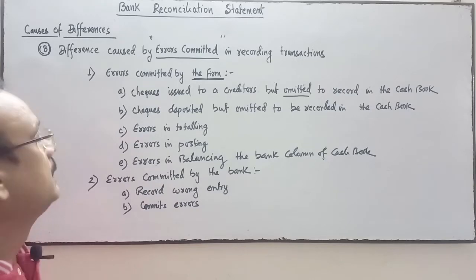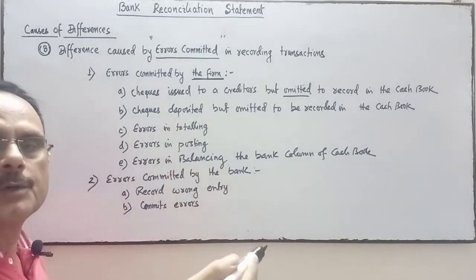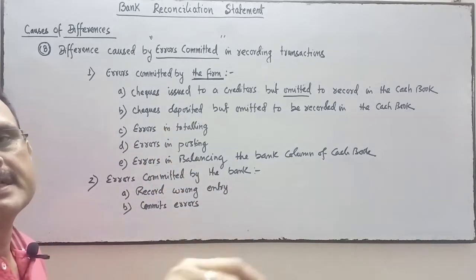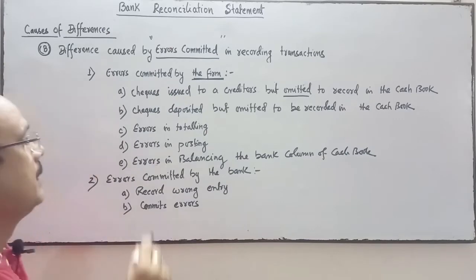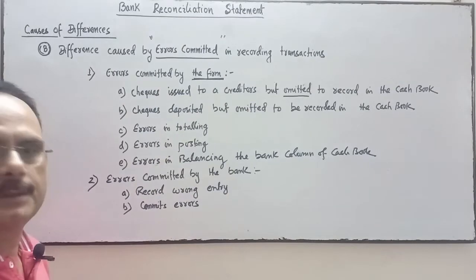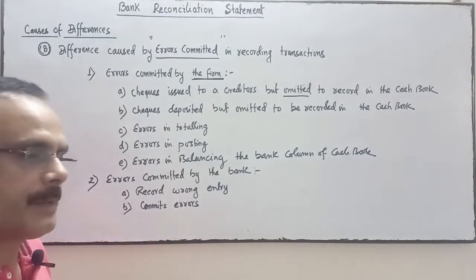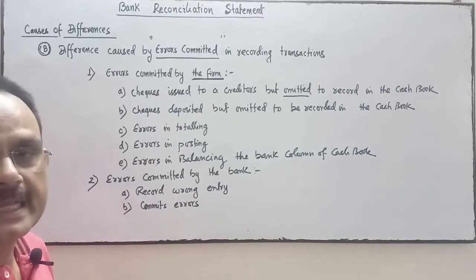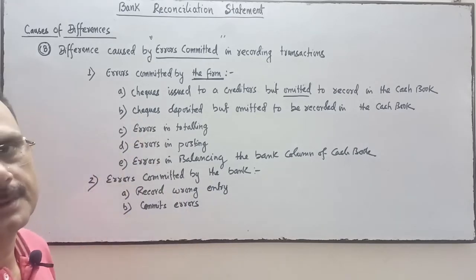Credit side. A check deposited but omitted to record in the debit side of the cash book. Errors in totaling: sometimes the totaling may be overcasting or undercasting.